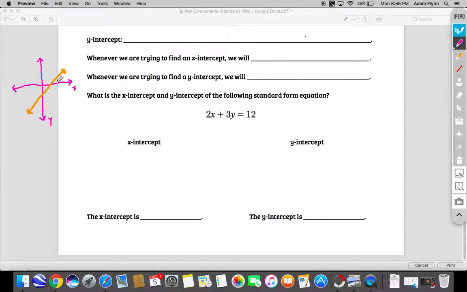And I am looking for my x-intercept, or this point right here, which we will eventually write as an ordered pair. No matter where my x-intercept is, my y-coordinate is always 0.